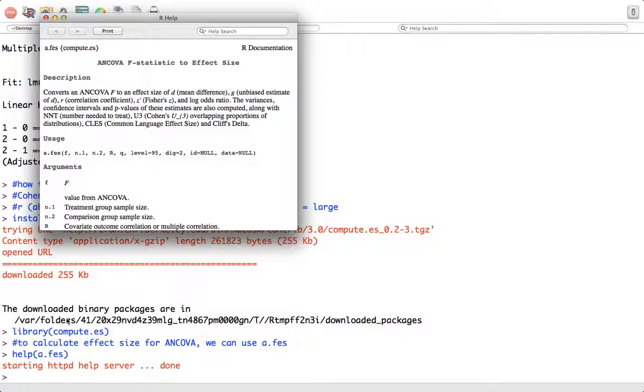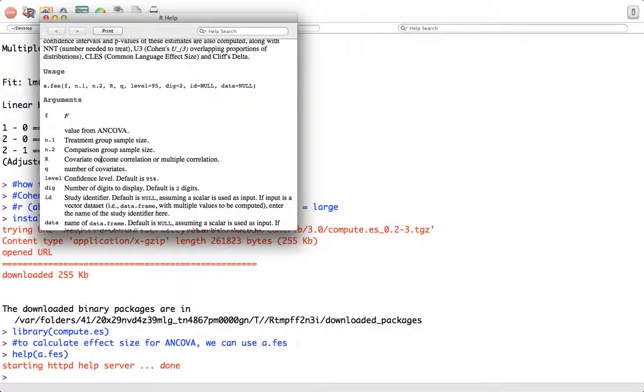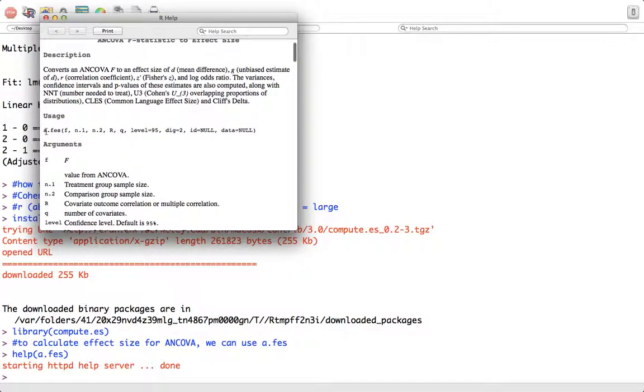So I'm going to read this. I need my F value, and I need my treatment group sample size. I need my comparison group sample size. I need the covariate outcome correlation. Okay, the number of covariates. All right, everything's pretty cool here.